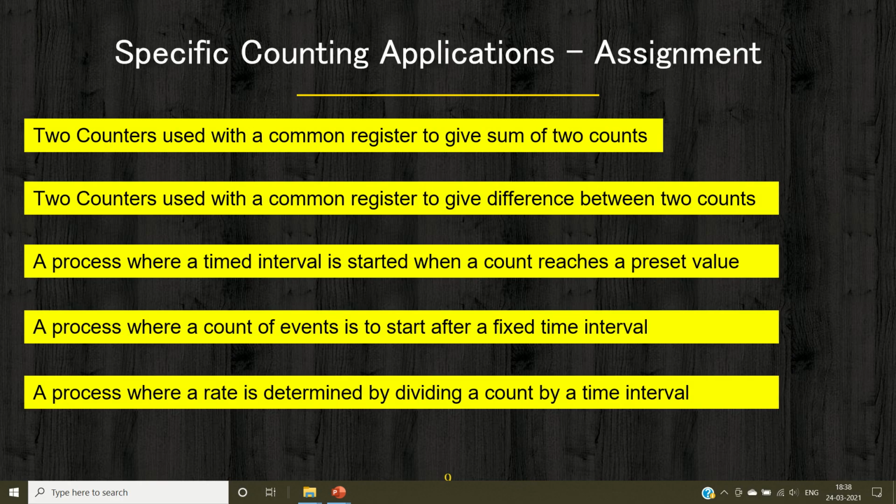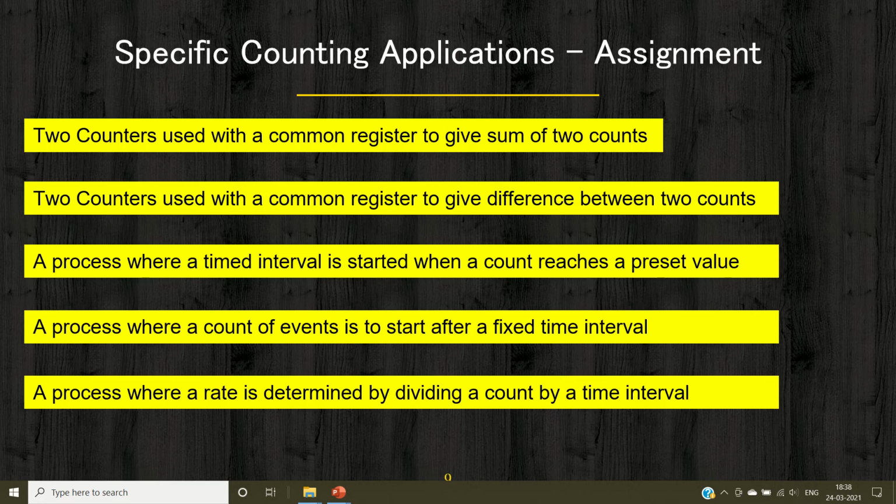Next, before I complete all of the discussions on these counters, you can see that I have given some conditions as an assignment to you. These are some conditions which are actual applications that you may find with counters. So here there are 1, 2, 3, 4 and 5 conditions that you please think on.